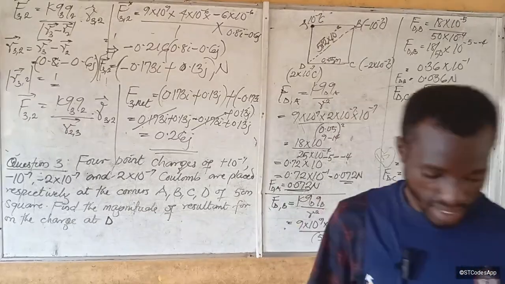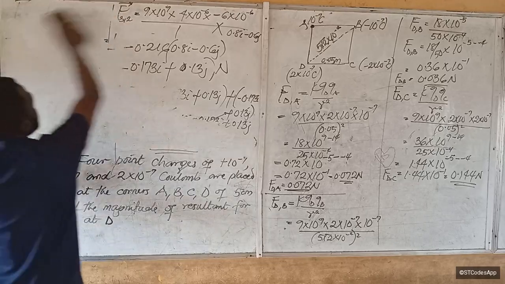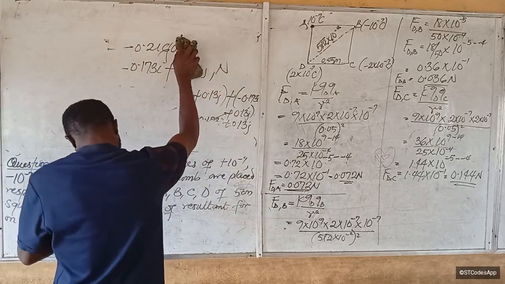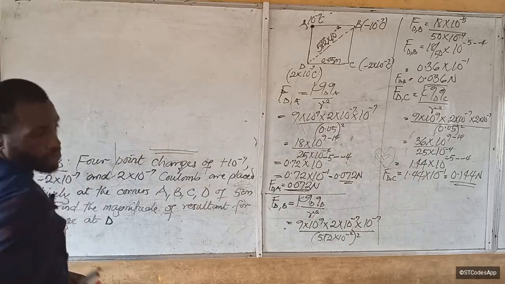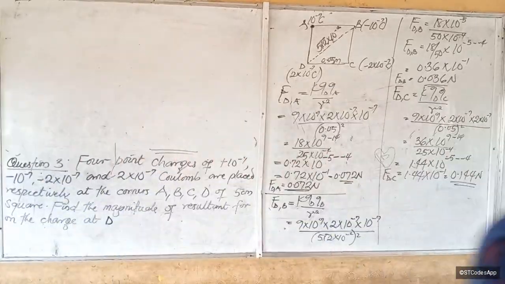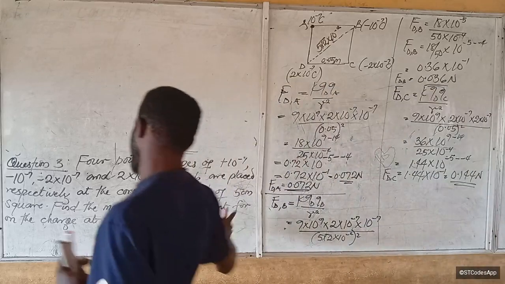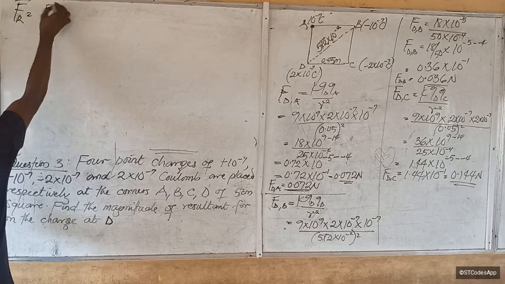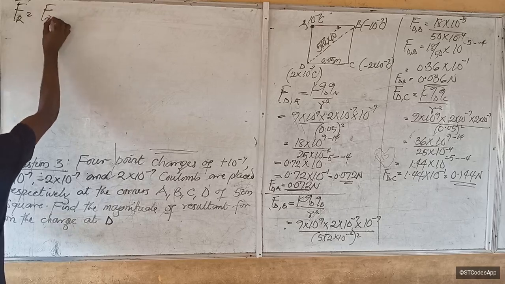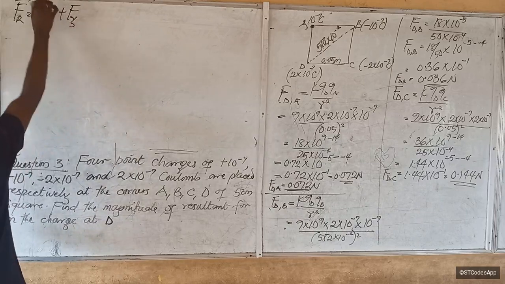Okay, so the final step says that we should calculate the resultant force at D. So F resultant will be equal to the vector sum of the forces on x-axis plus the vector sum of the forces on y-axis.